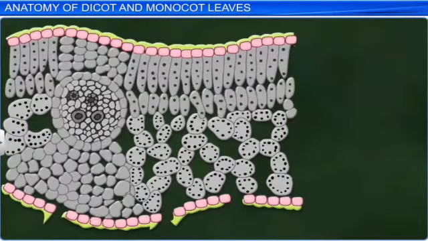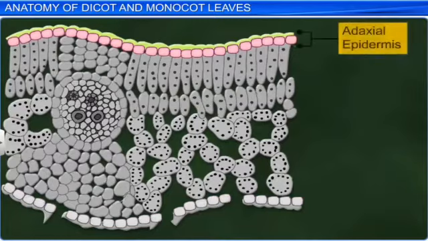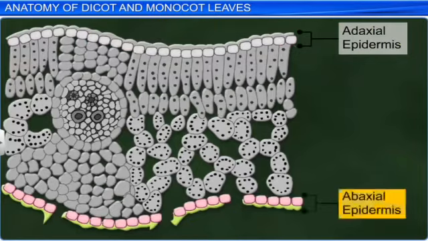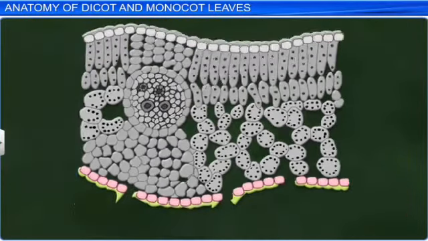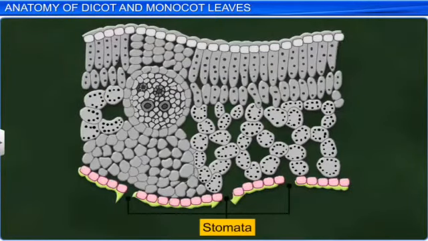The epidermis covering the upper surface of leaf is called the adaxial epidermis, while that covering the lower surface is called the abaxial epidermis. Typically, the abaxial epidermis has more stomata compared to the adaxial epidermis, which sometimes may not have any stomata at all.